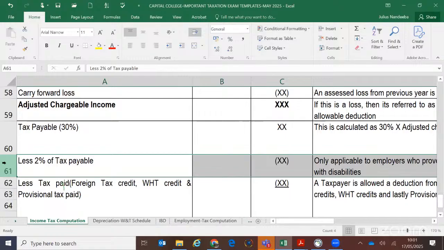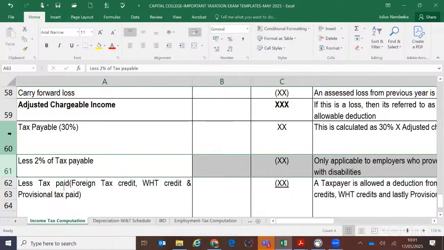If you're dealing with a company that has no persons with disabilities, that 2% is irrelevant. So do not calculate it. Are we together?